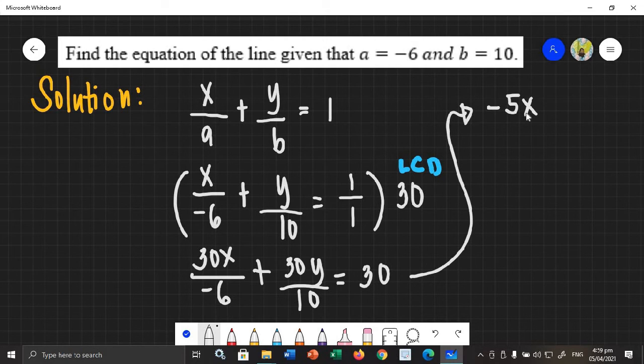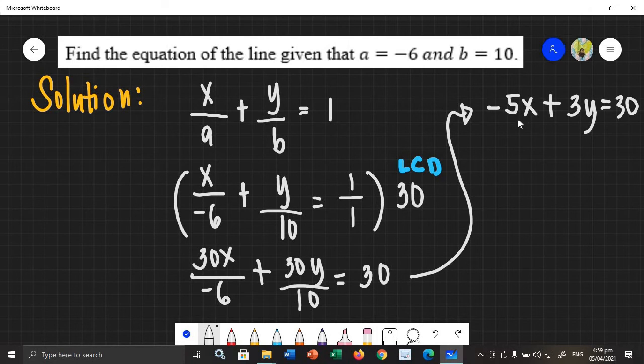The answer is negative 5, and then we copy the variable. Then plus 30y over 10. 30 divided by 10 is equal to positive 3y. Copy the variable. Equals 30.